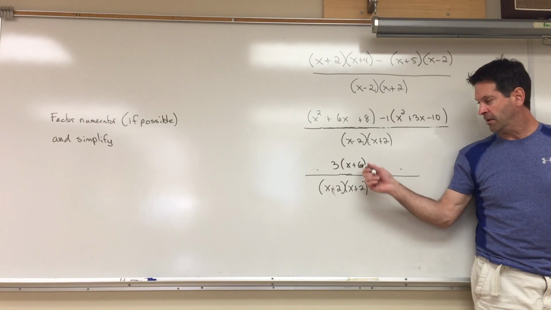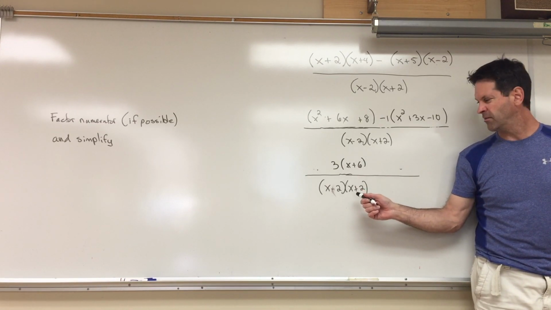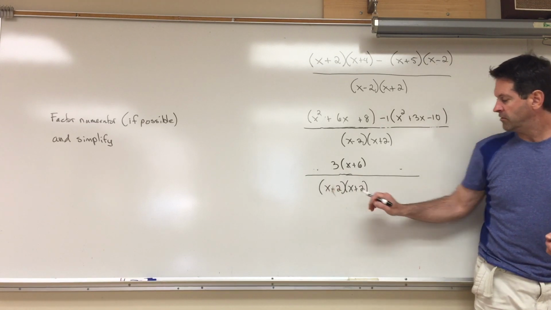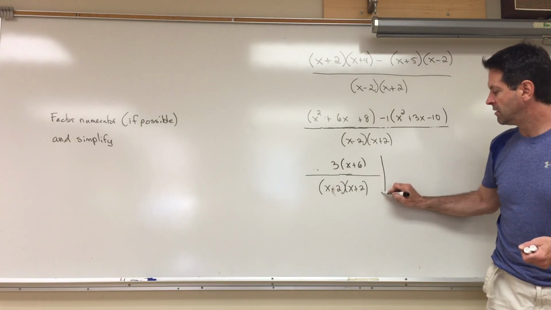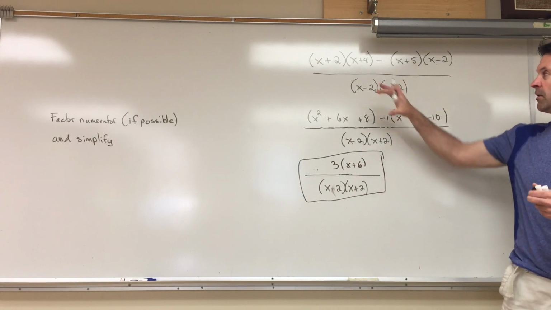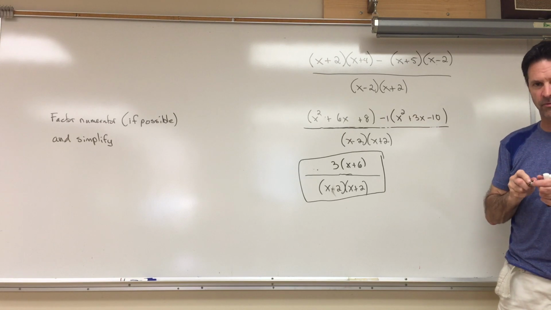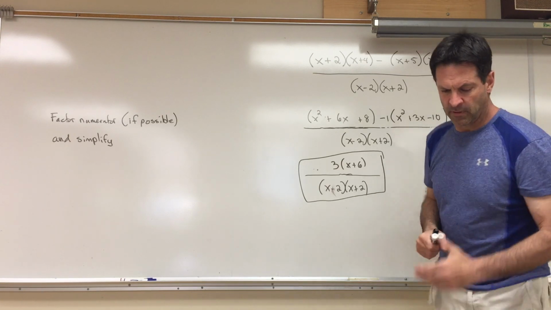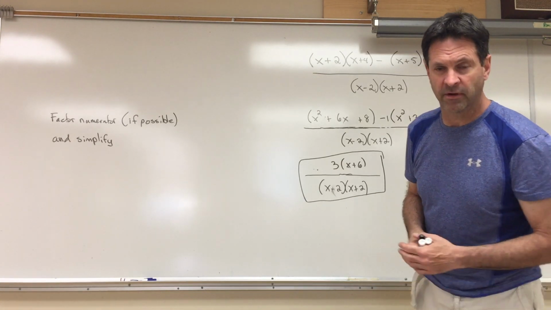And now you would check, hey, is there anything common top and bottom that I can cancel out? Not in this one. In others you may, but not in this one. So that's it. That's as far as we can go with this. It was a lot of work, and you can see how it got larger before it got smaller. Feel free to review this part of the video, and check your notes here. Okay? We can do a couple examples now.